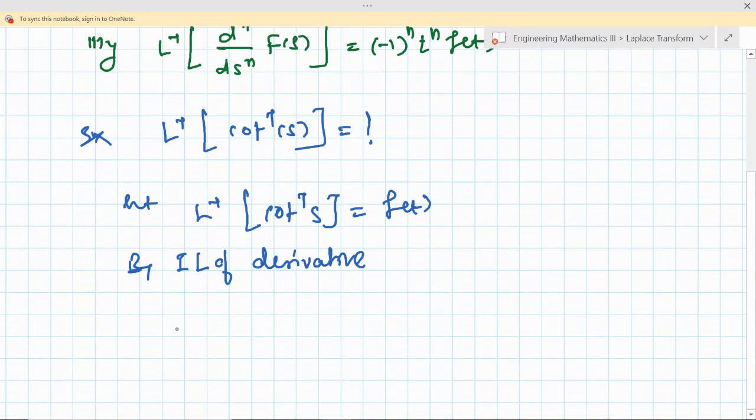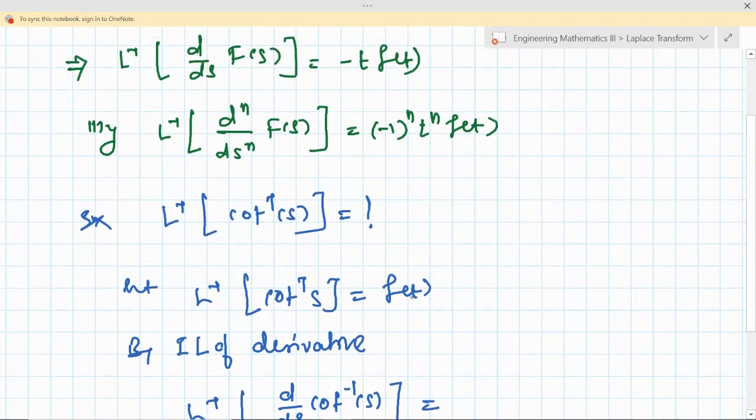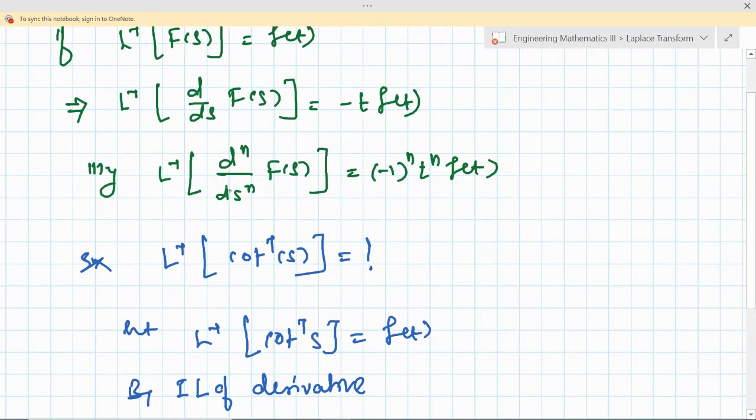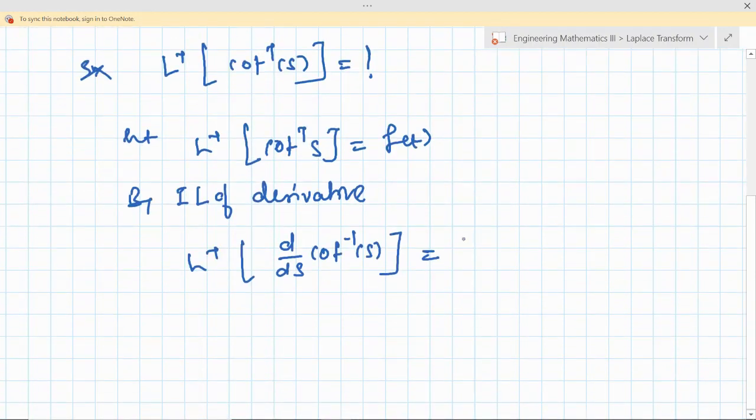So d by ds of f of s is nothing but cot inverse of s. The property says that if we have the derivative in the inverse Laplace of f of s, then there is a minus t multiple with f of t. So see what are the changes on this side, it is minus t into f of t, isn't it?